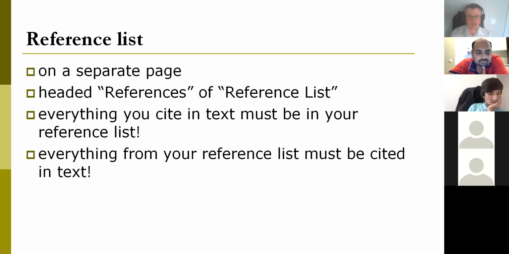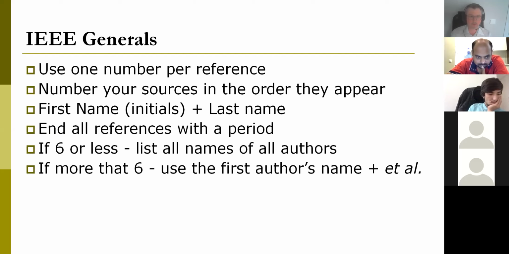I believe it is quite obvious. Only one number per reference. You use initials. You start with the first name and then you continue with the last name, and you only use initials for the first names. Might be tricky because you will not always know which is the first name and which is the last name. Well, Google.